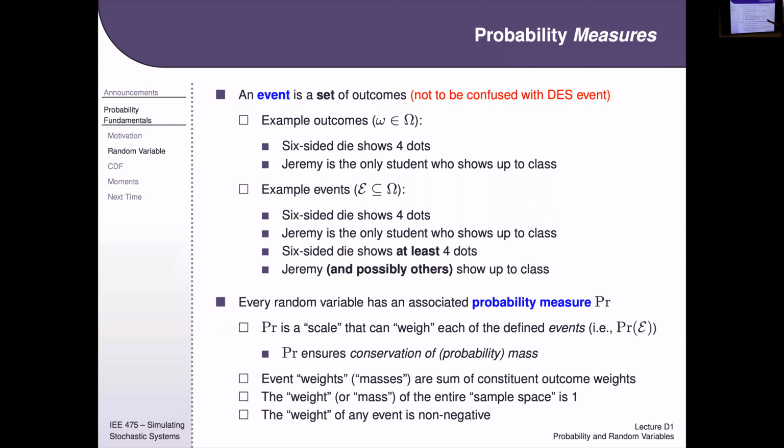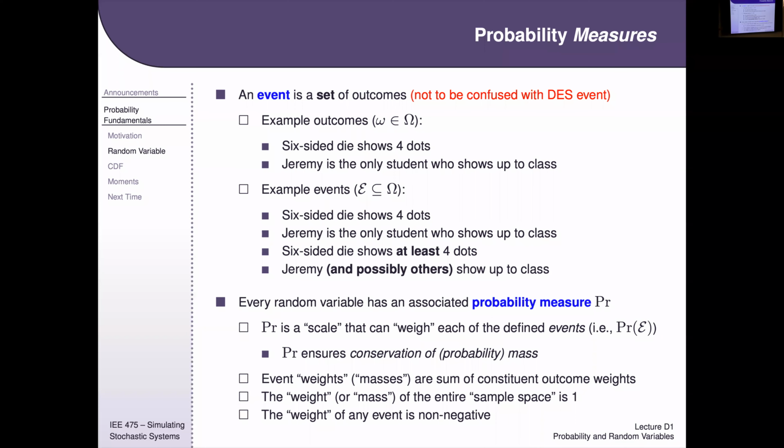All right, now, once we have events, we can now weigh this bag of outcomes. And what do we use to weigh a bag of outcomes? That's a so-called probability measure, usually denoted with an uppercase P, lowercase r, upright. And a probability measure, like I said, is a scale that can weigh each one of these events.